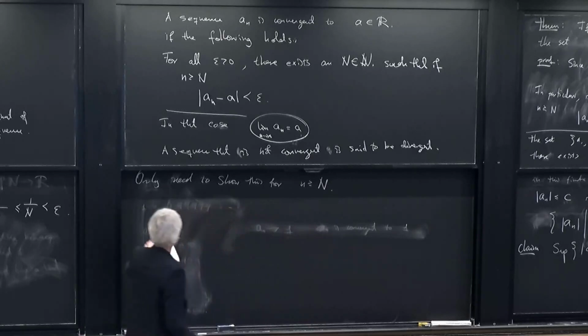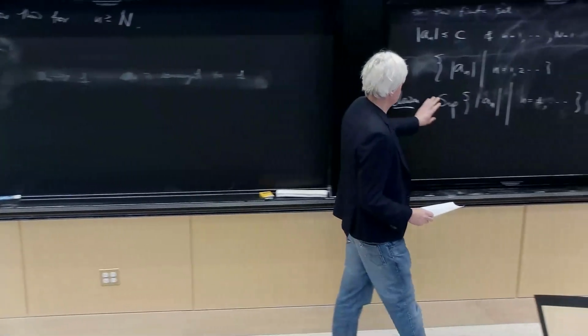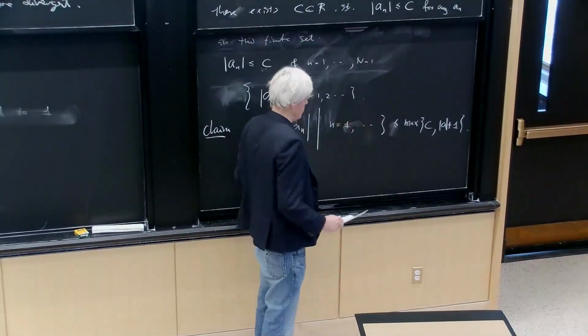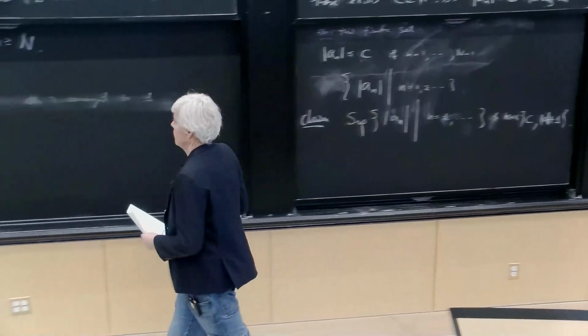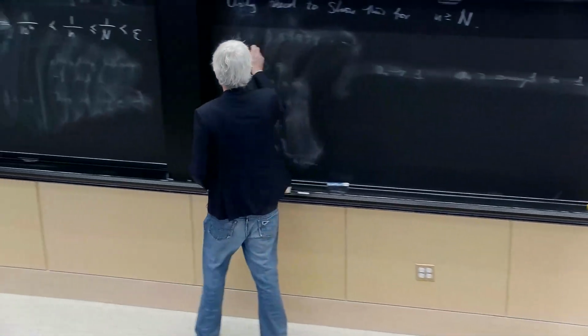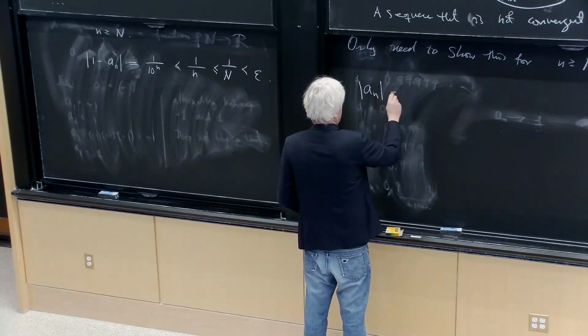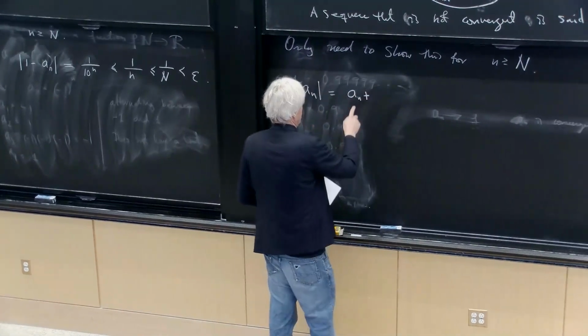Okay, so I only need to prove that when I'm just looking at the set here and I'm starting at capital N, then the sup is bounded like that. Right? And so then I'm looking at |a_n|, but a_n I can write in a sort of stupid way.